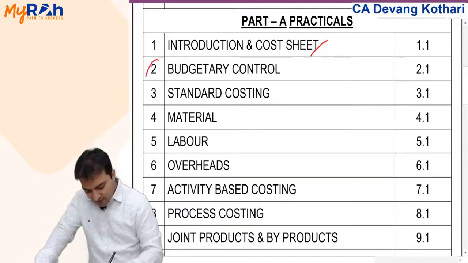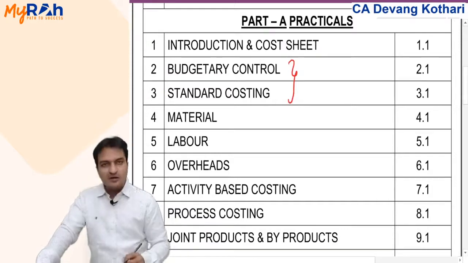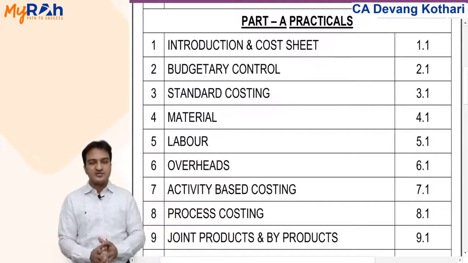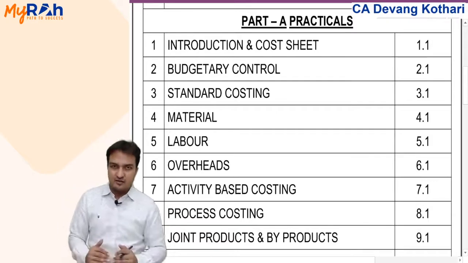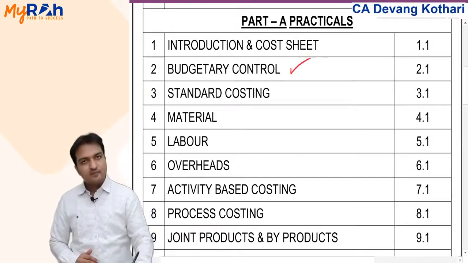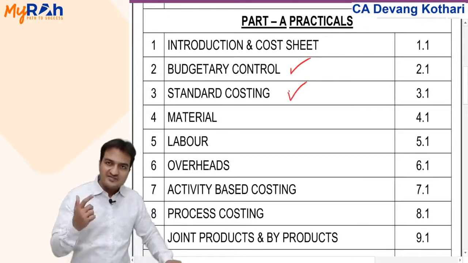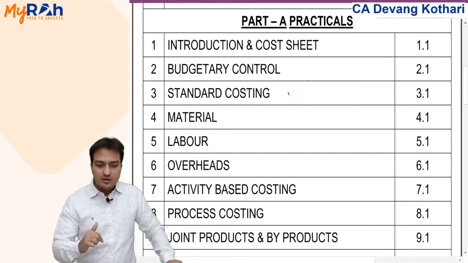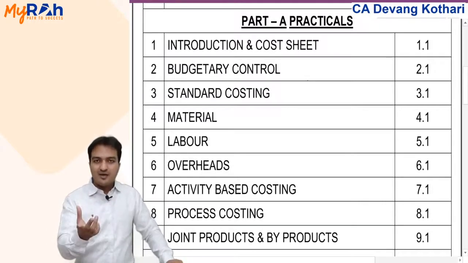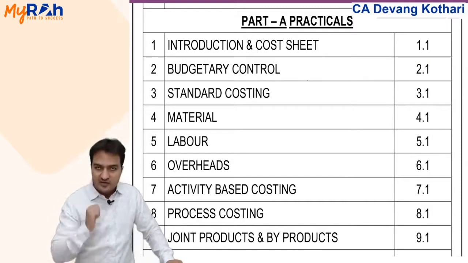Next, I will be covering a set of two chapters together. Consider these two chapters make up one set of chapters: budget and standard costing. Budget is the chapter where you make an estimate, while standard costing is the chapter where you compare that estimate with the actual, find where you went wrong, and analyze what you should do next year to prevent that mistake.